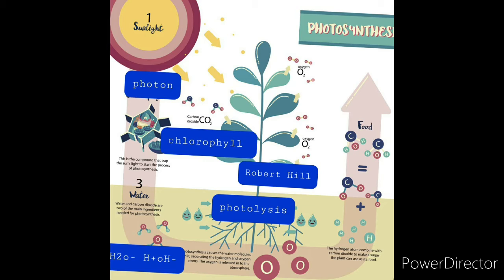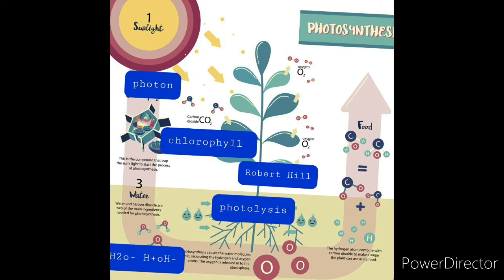This reaction was discovered by Robert Hill, and this reaction is also called the Robert Hill reaction. Robert Hill found the photolysis, the splitting of the water molecule. Here, in the photolysis, the hydroxyl ion and the hydrogen ion are formed.